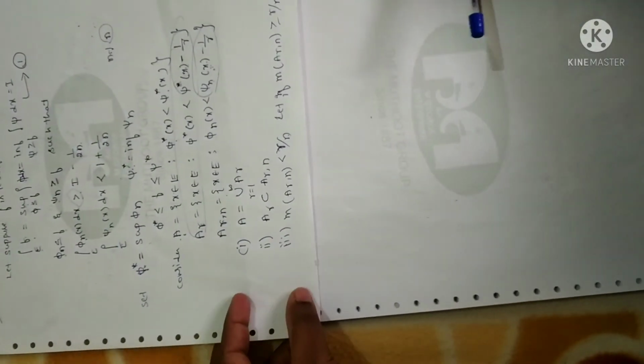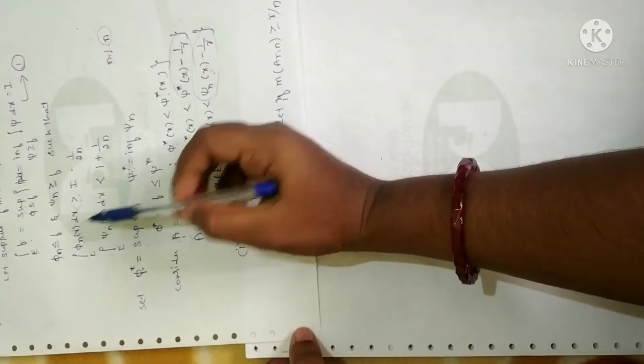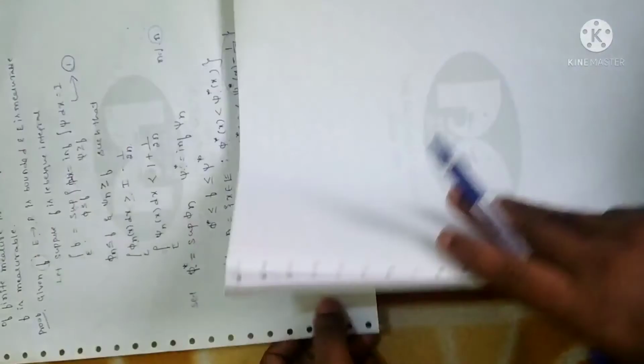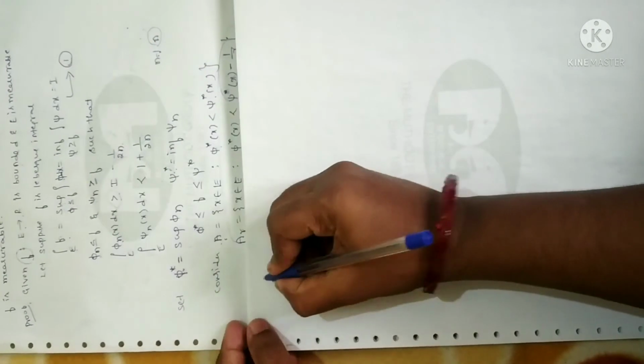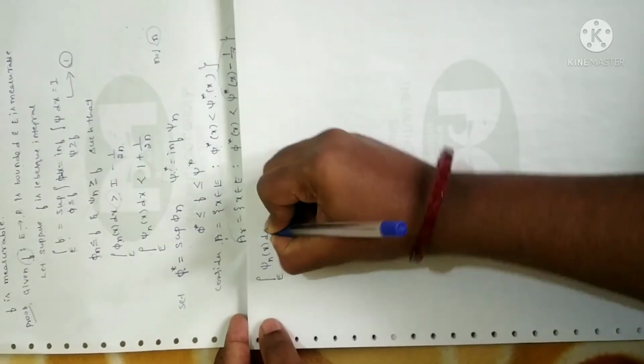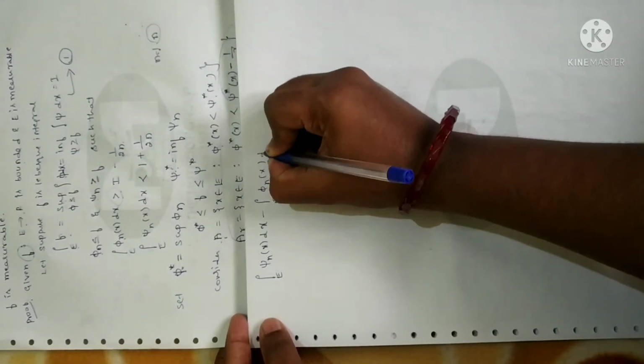So let me write here, and before that, this is what I have, right? Since we already defined phi n and psi n here, let me take the difference of those two. I mean, I take the integral over E of psi n of x dx minus the integral over E of phi n of x dx.